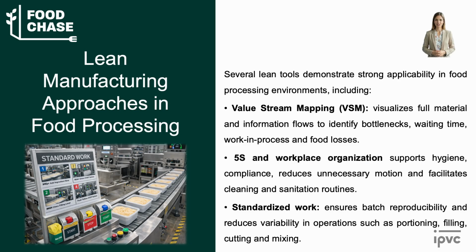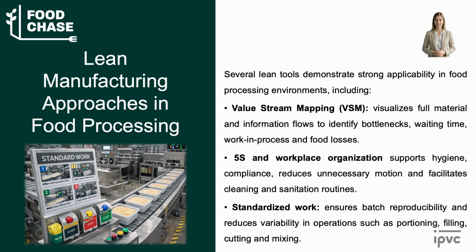Lean manufacturing provides several tools that have proven useful in food processing environments. The first is value stream mapping, or VSM, which is used to visualize the full flow of materials and information within a production system. VSM helps identify bottlenecks, unnecessary waiting time, excess work in process, and points where food losses occur. The second tool is 5S and workplace organization.